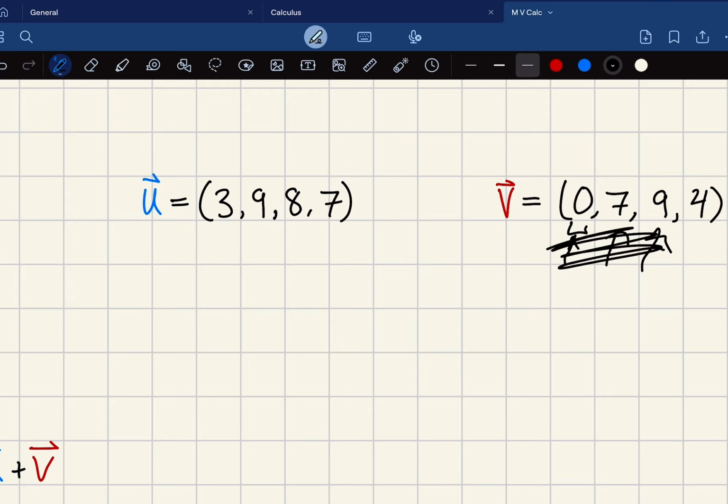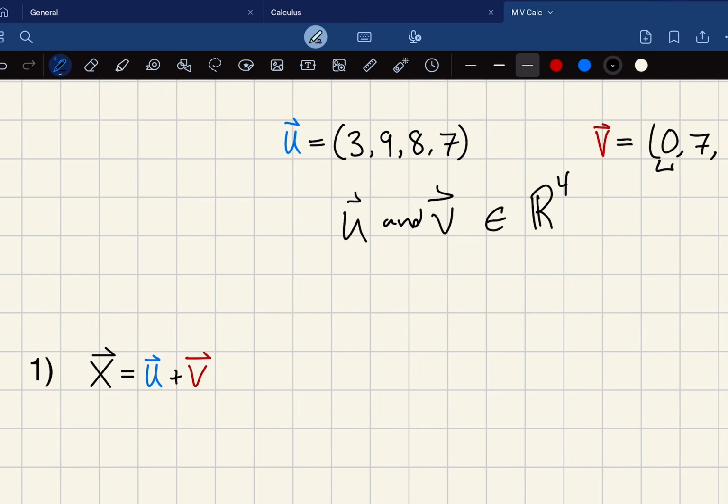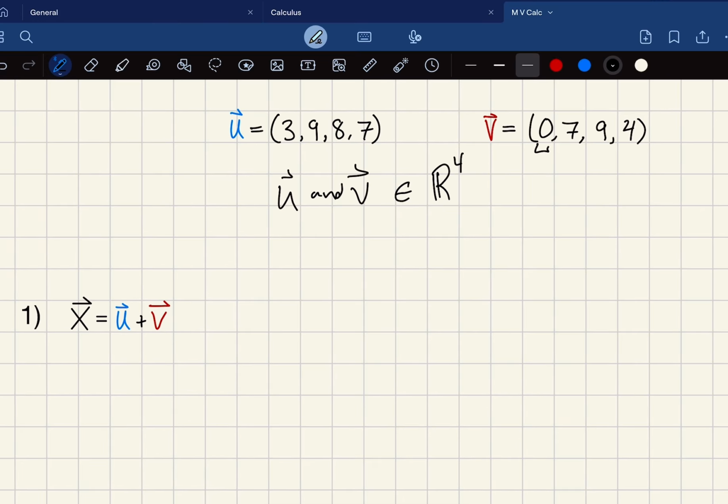Now in this case scenario, our vectors u and v are within a fourth dimension, or have four parameters pretty much. Now, for this first problem, we will first rewrite u, and then I will rewrite v.